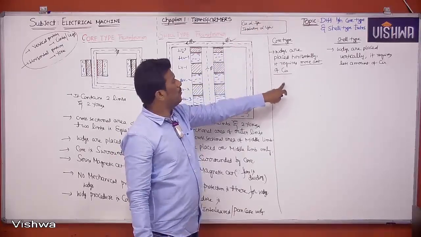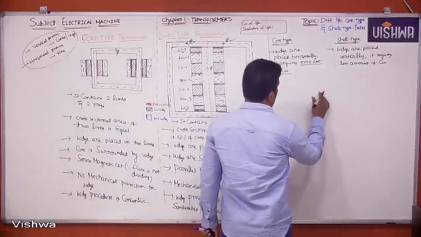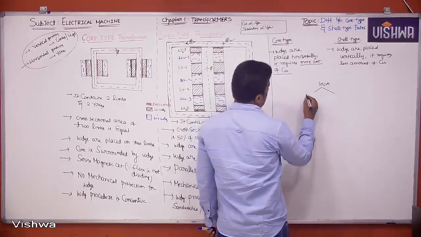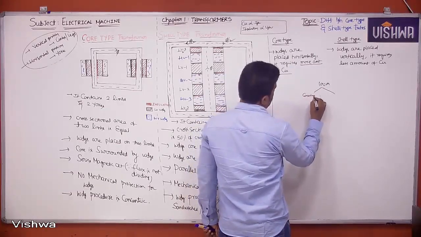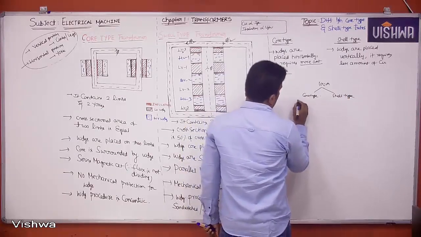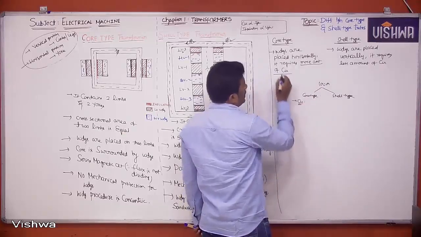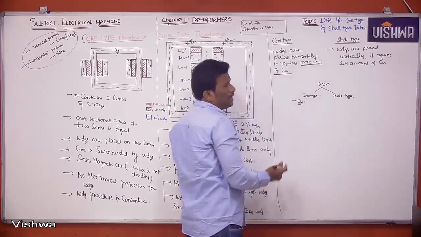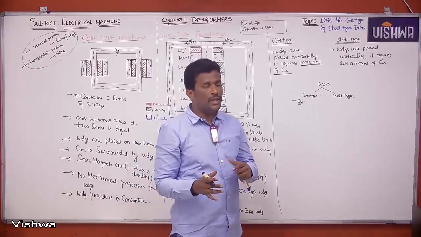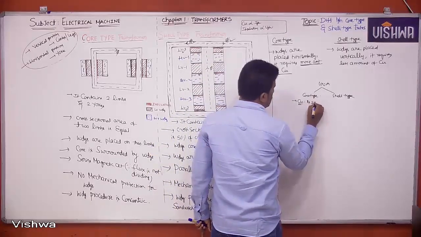Okay, so let me go for high current application. No, just think clearly. For example, suppose 100 amperes is there. Take a core type transformer and a shell type transformer. In core type transformer, the requirement of copper for 100 amperes is more. I am calculating copper in terms of money. Let me take it as 200 rupees.